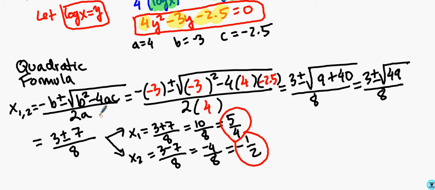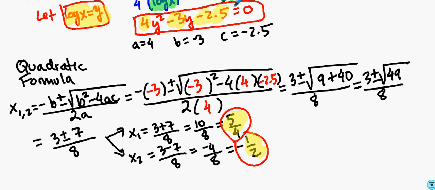Now let's go back. I said x1 and x2, it's really y1 and y2. So going back to our substitution, we said that log x equals y, and this is our y1 and y2.